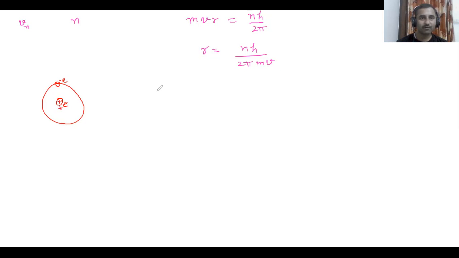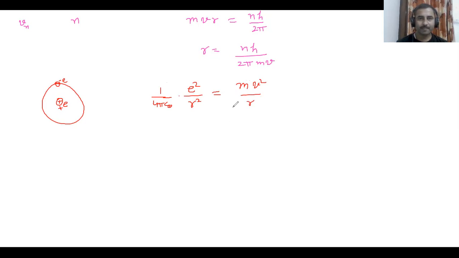So the electrostatic force between these two particles would be 1 upon 4 pi epsilon naught into e square divided by r square. And this electrostatic force must be equal to the centripetal force on the electron, which is equal to mv square upon r.